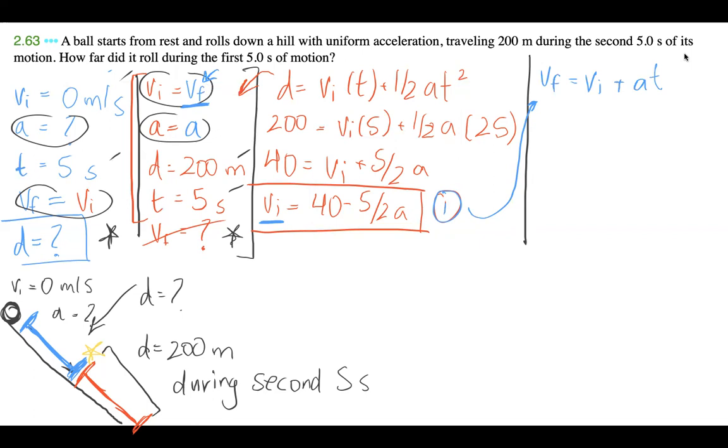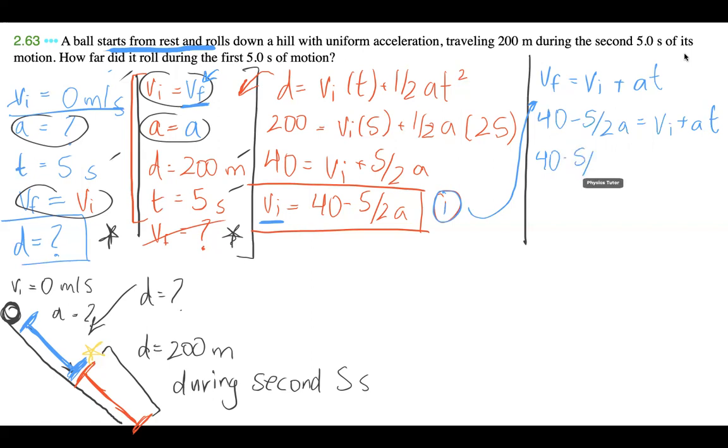Okay, so then we have 40 minus 5 over 2 A is equal to VI plus AT. And we know that our VI in the blue section is 0, right? The ball starts from rest.